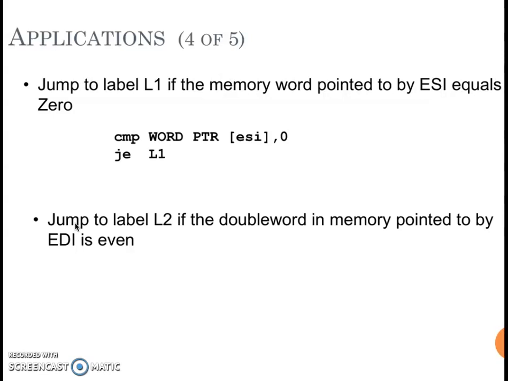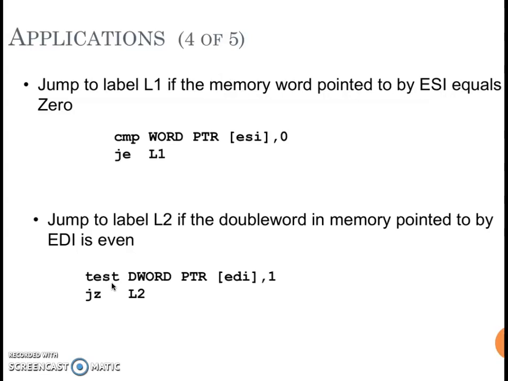But I don't want my destination operand, the value ESI points to, to be updated, so we need to use the TEST operation. Remember, CMP and TEST are both instructions that won't update the destination operand. Since the value is a double word, I use DWORD PTR.